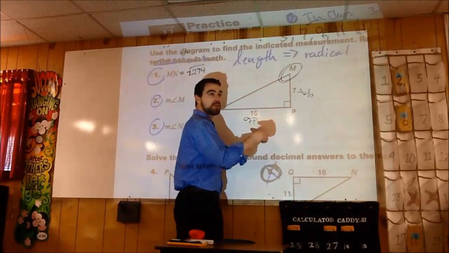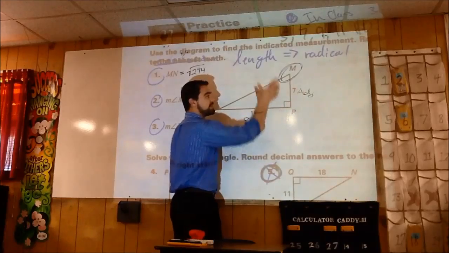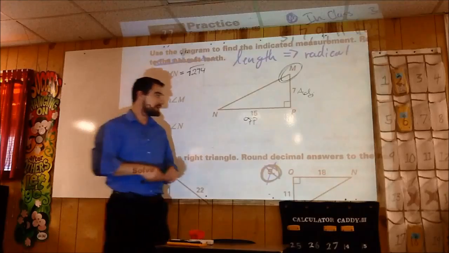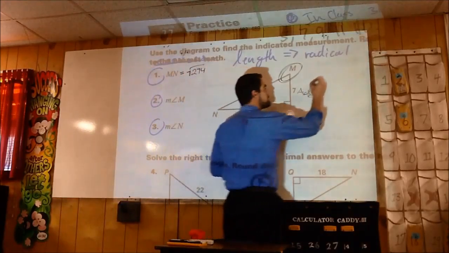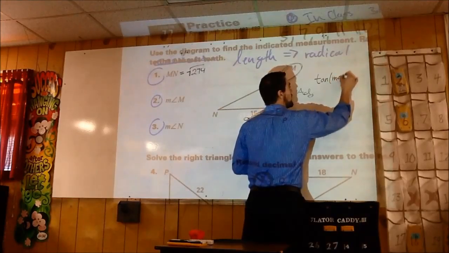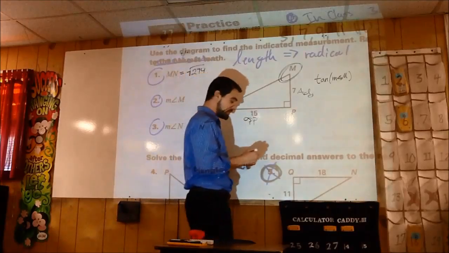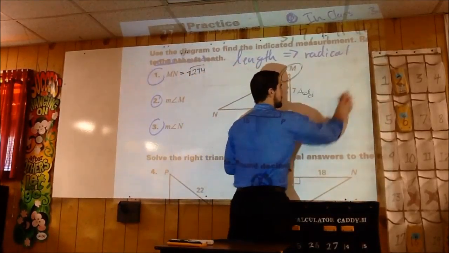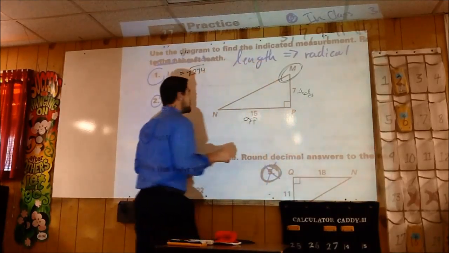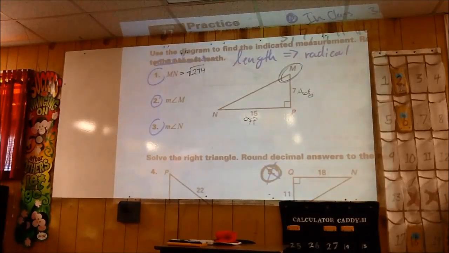So if I want to write a trig ratio using these values, the measure of angle M and 15 and 7, what trig function involves opposite leg and adjacent leg? Tangent. So we're going to just approach this the same way. I've got tangent of the measure of angle M, and we're going to write is equal to... go ahead and write your ratio.